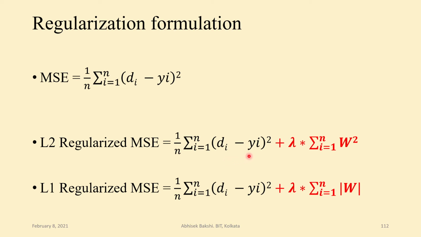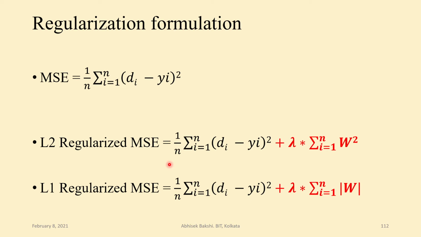So if we add something more to this error function, that will alter some of the equations in the derivation of the weight updation rules. I have not written what the exact reflection on the weight updation rule will be.